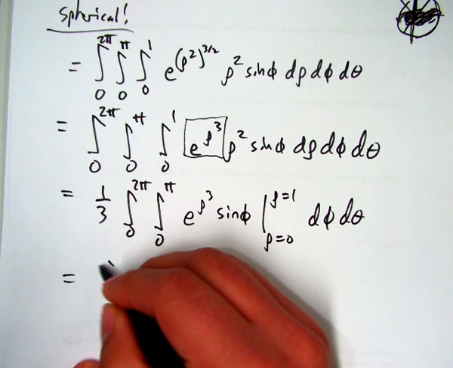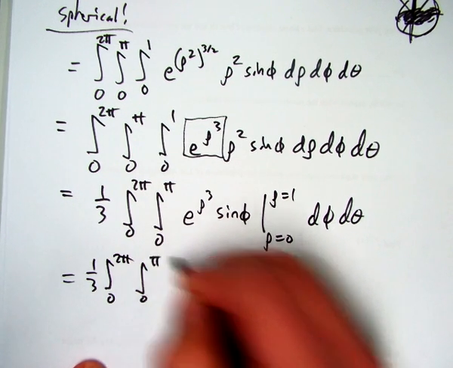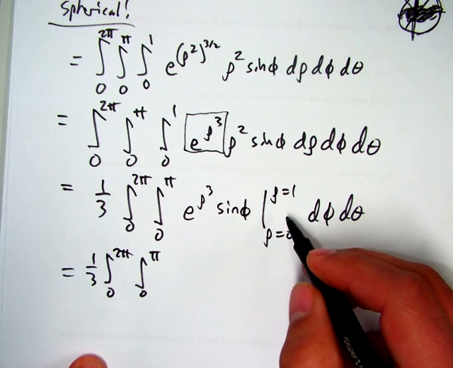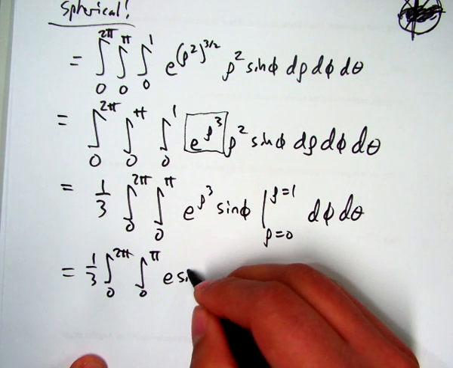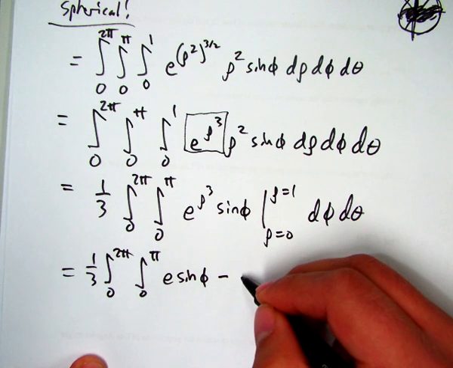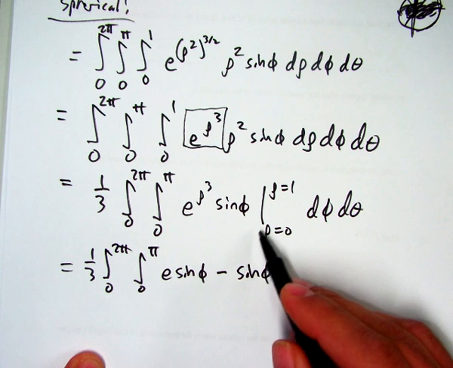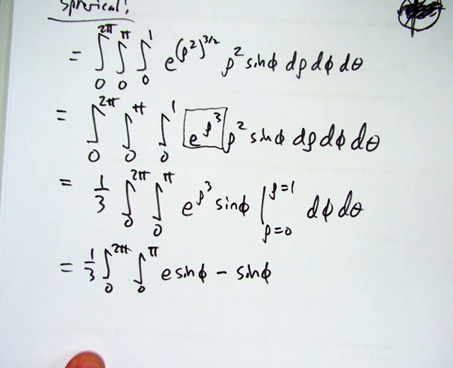So 1/3, 0 to 2 pi, 0 to pi. Plug in rho equals 1. We just get e sine phi minus sine phi. Do not make the mistake of seeing a 0 here and saying, oh, that goes away. Especially when there's e's in there.